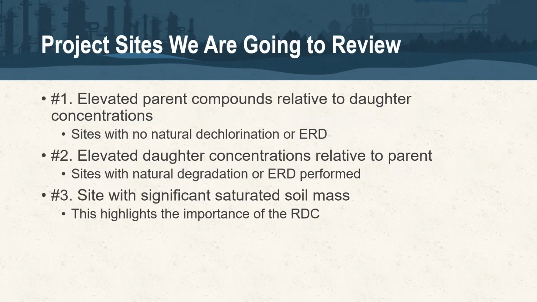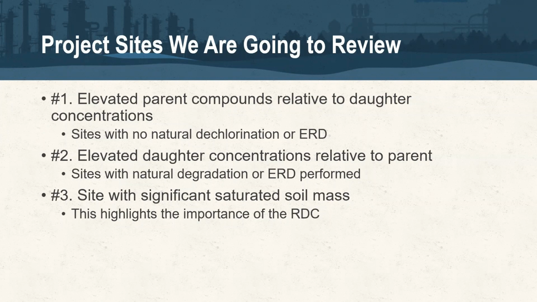So we're going to talk about 3 sites, as I mentioned, and I tried to pick sites that gave us kind of different results based on the baseline conditions. Number 1, a site with elevated parent compounds, very few daughter products to start with. This would be your site where you've got really no natural degradation going on. It's mostly 90%, say, plus parent material.